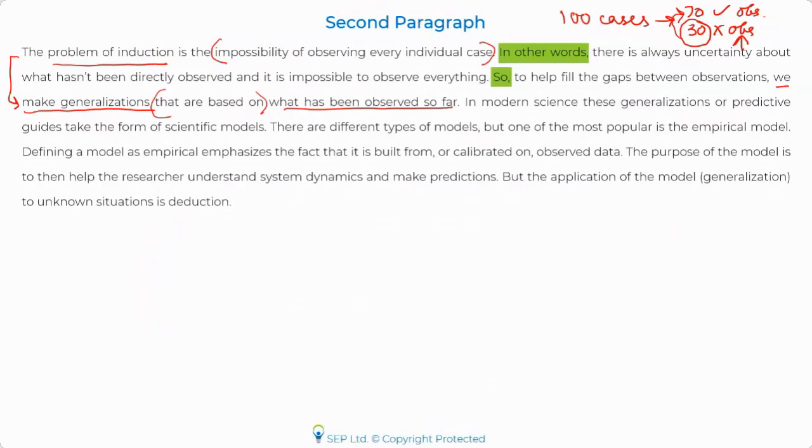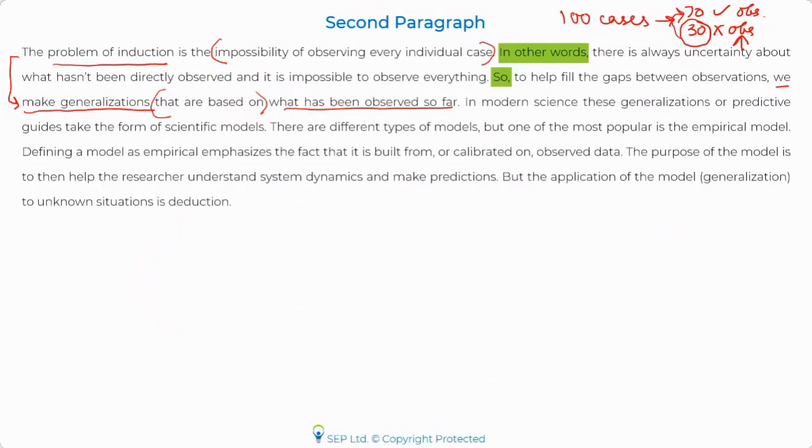The observation of the 70 cases. That means you have to make some sort of generalization in order to fill that gap. So that's the problem, I'm telling myself: ultimately you have to use generalizations even in the process of induction, because you cannot observe everything and there will always be doubt about what you haven't observed. So to fill that gap, you are drawing generalizations from things that you have observed.